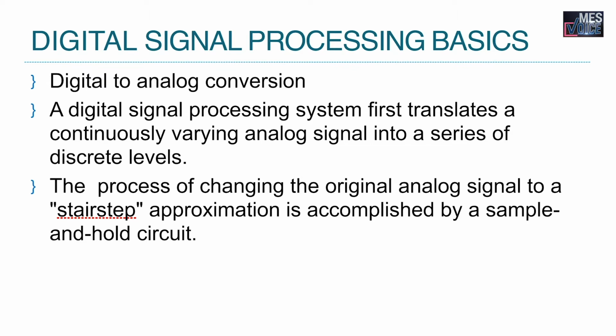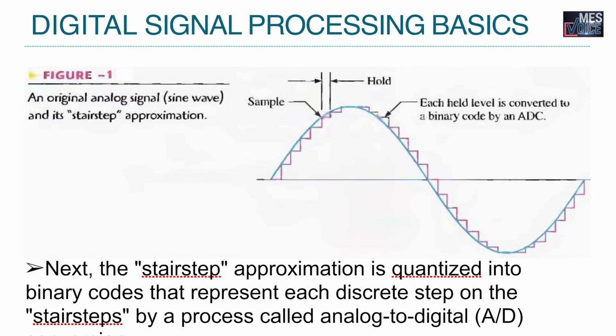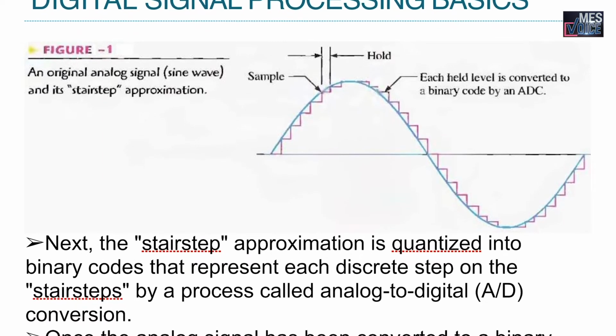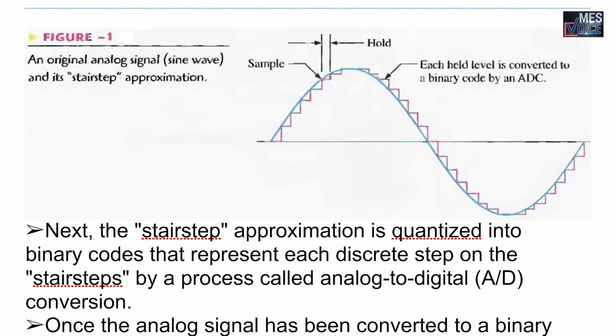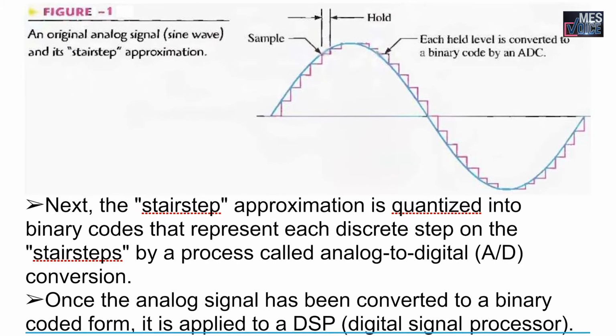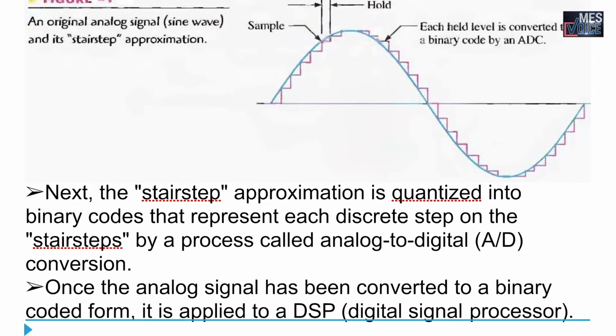A digital signal processing system first translates a continuously varying analog signal into a series of discrete levels. This series of discrete levels follows the variation of the analog signal and resembles a staircase pattern. As illustrated for the case of a sine wave shown in the figure, the process of changing the original analog signal to a stair-step approximation is accomplished by a sample and hold circuit.